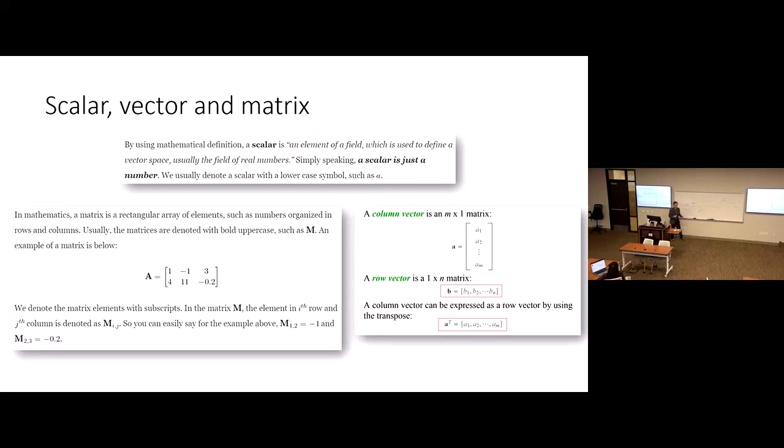N greater than 1, M greater than 1. If there's 1, it collapses into a vector, okay? So here is a row vector or column vector.